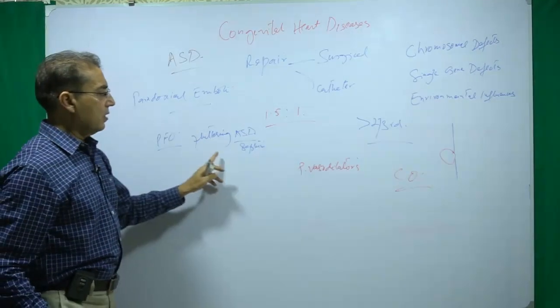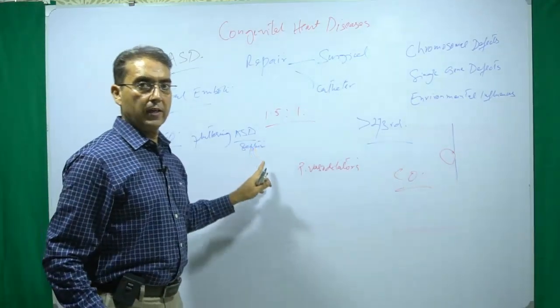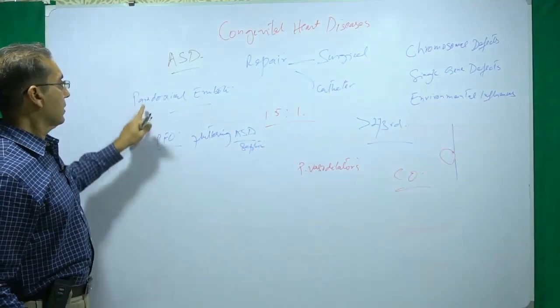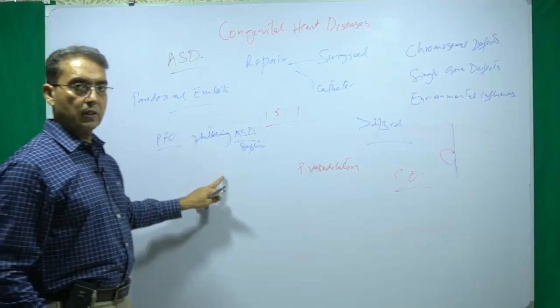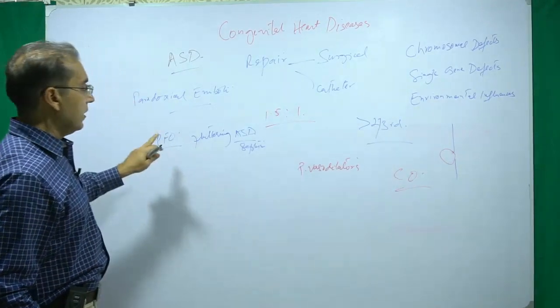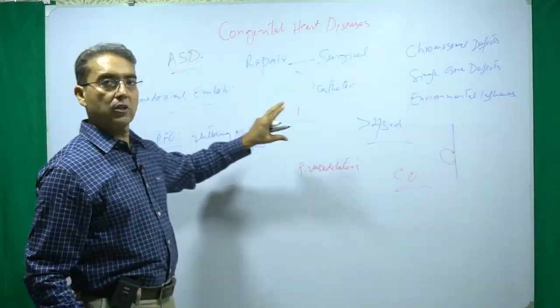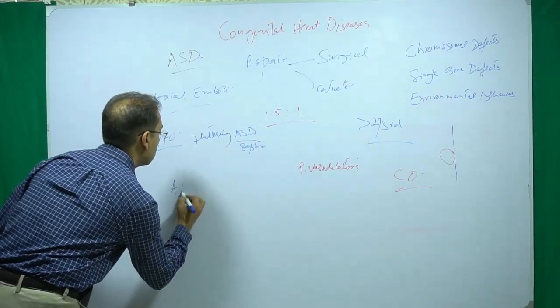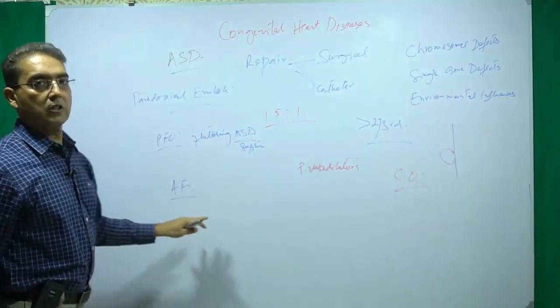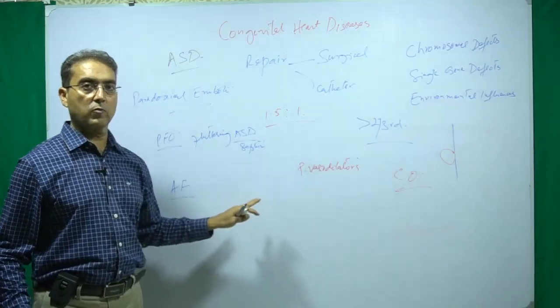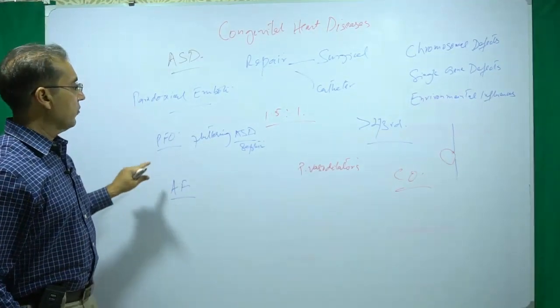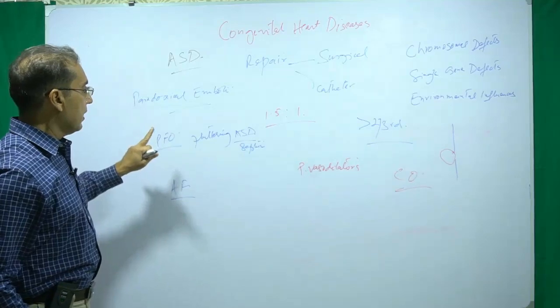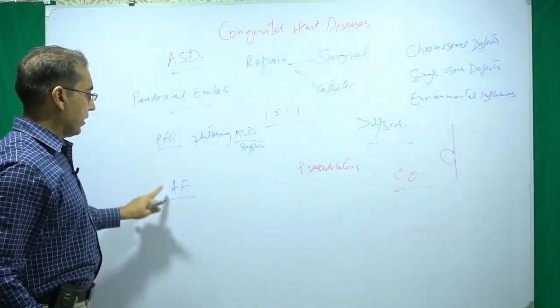And another reason for emboli, one is paradoxical emboli, the other one is the conventional emboli. The dilatation of the atrium in the atrial septal defect initiates atrial fibrillation. Atrial fibrillation is one reason for systemic thromboembolism. So we have to see whether the patient is having paradoxical emboli or atrial fibrillation.